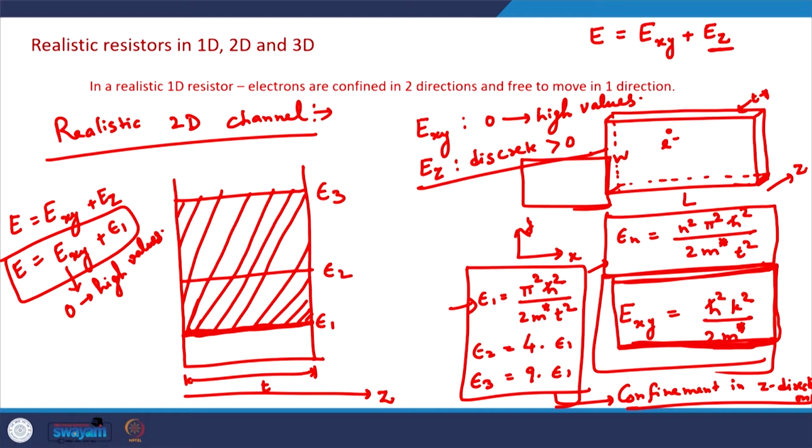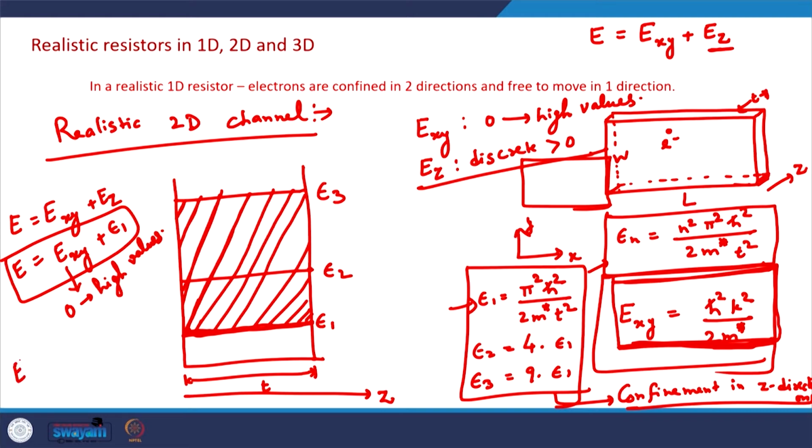All right. These lines show that the electrons can have any energy from epsilon 1 to high values. But if the electron is sitting in epsilon 2 state in z direction, the electronic energy is epsilon 2.